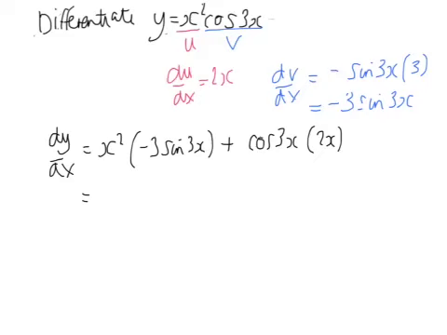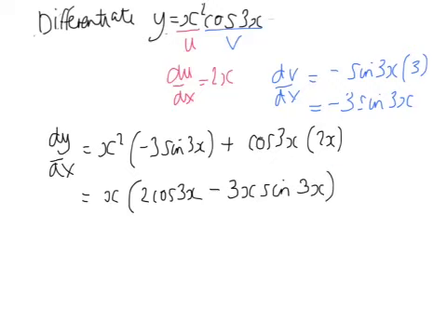Not much actually, we could take an x out, I suppose. And I'll turn the terms around so we don't have the minus at the beginning. So we've taken out an x, so we've got 2 cos 3x from what was our second term, minus, now we've taken out one of the x's from that term, so we still need another, minus 3x sine 3x. Okay, can't simplify any further.